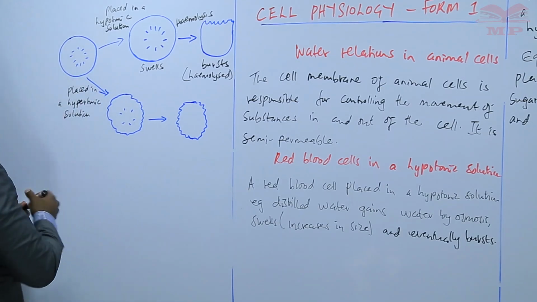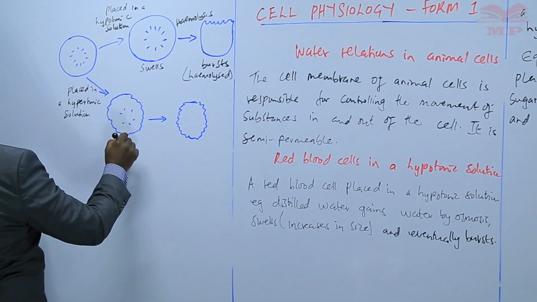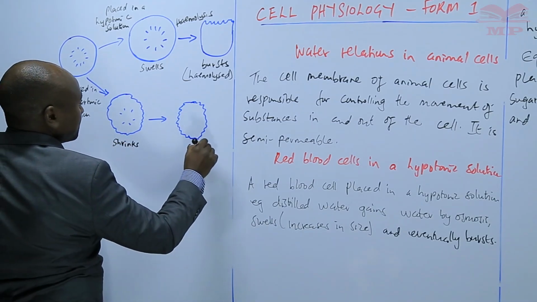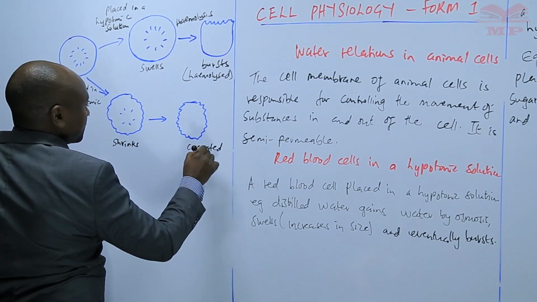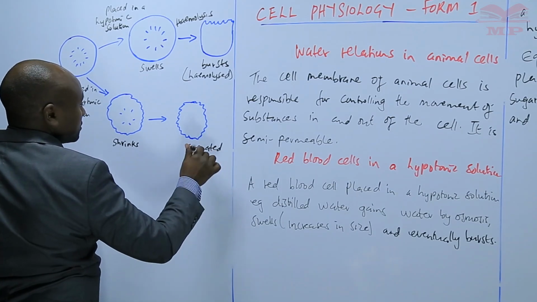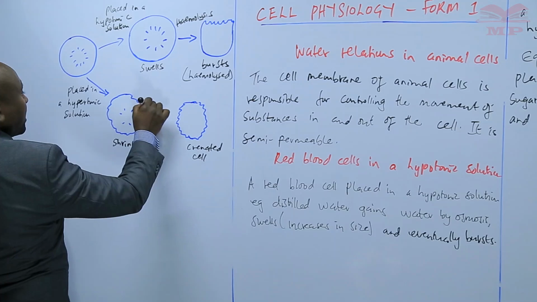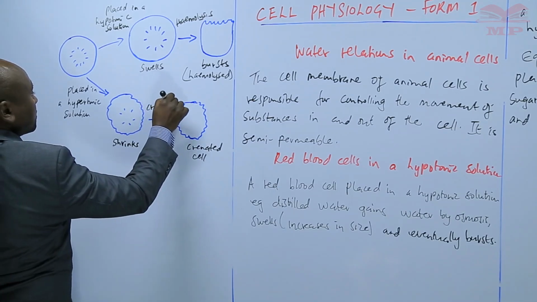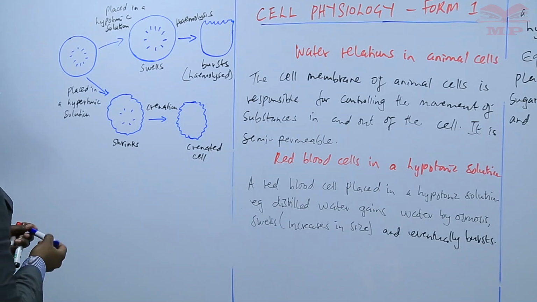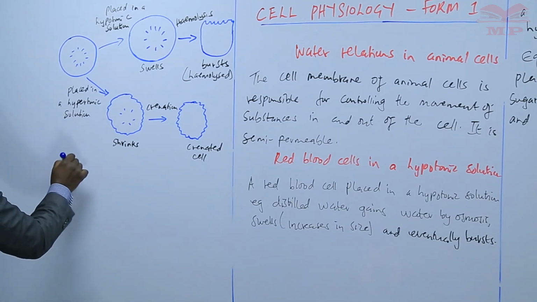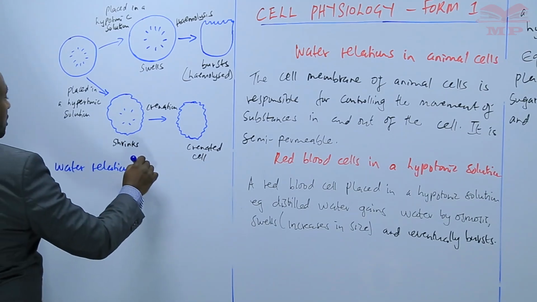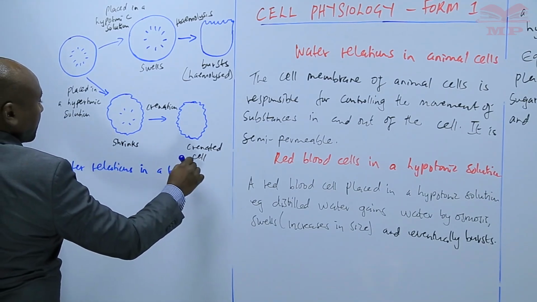So it shrinks and becomes crenated. So that process is what we are calling crenation. So the diagram shows the water relations in a red blood cell.